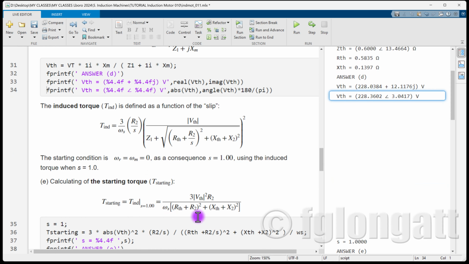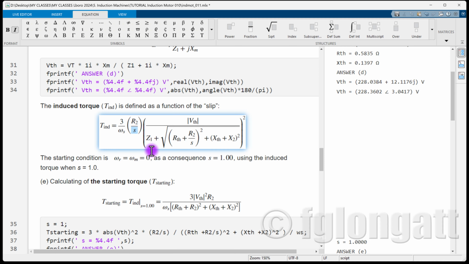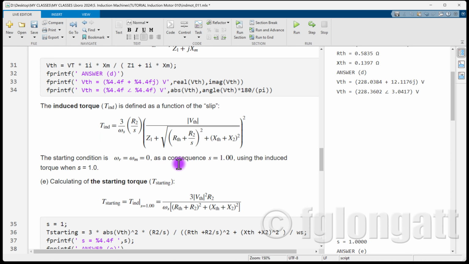Now the question is, how much is the induced torque? If you go back to the slides related to the class, you will find this very large equation, and this equation is basically giving you the torque at any possible slip. However, this equation can be simplified, for instance, if we are calculating the starting torque.